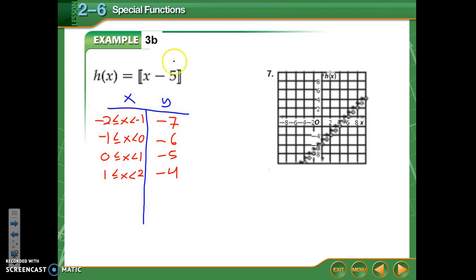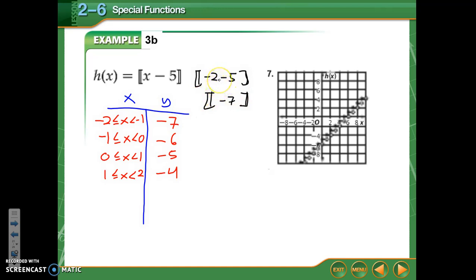If I plug the number -2 into my greatest integer function, I get the greatest integer less than or equal to -2 minus 5. Right, so I end up with this. Well, the greatest integer that's less than or equal to -7 is -7.